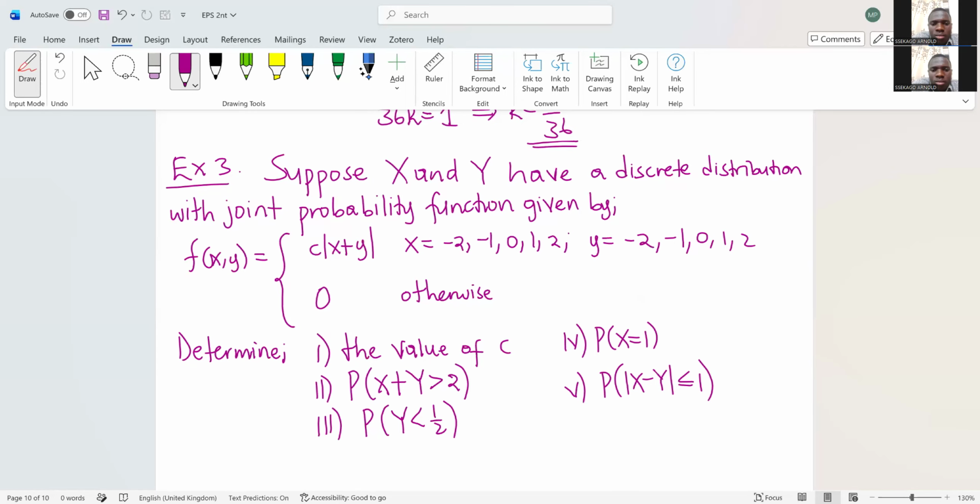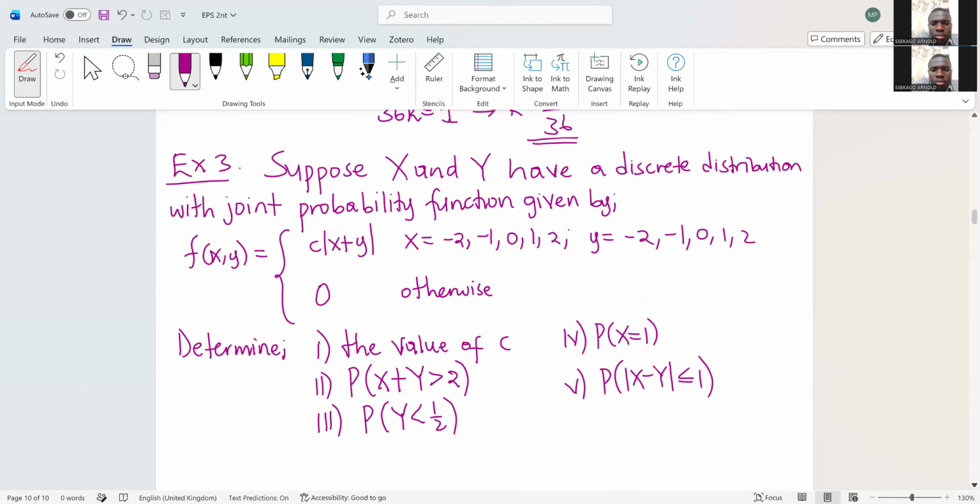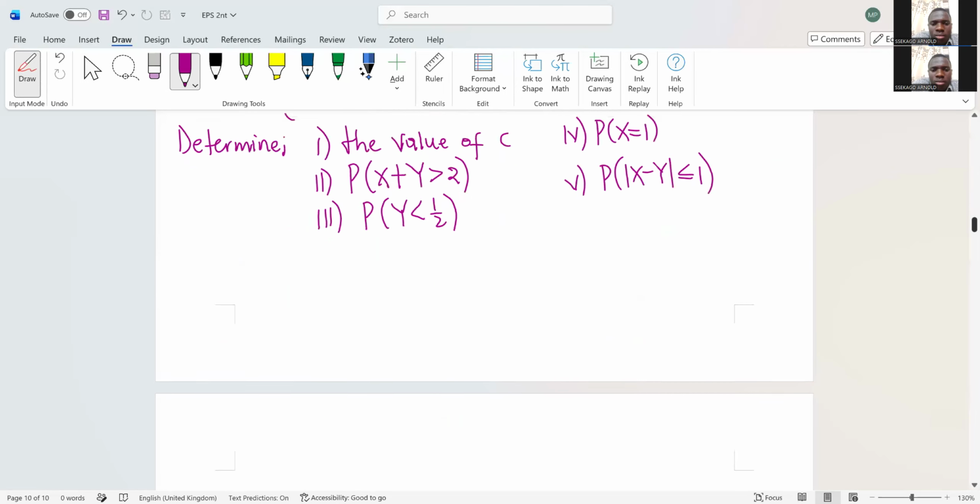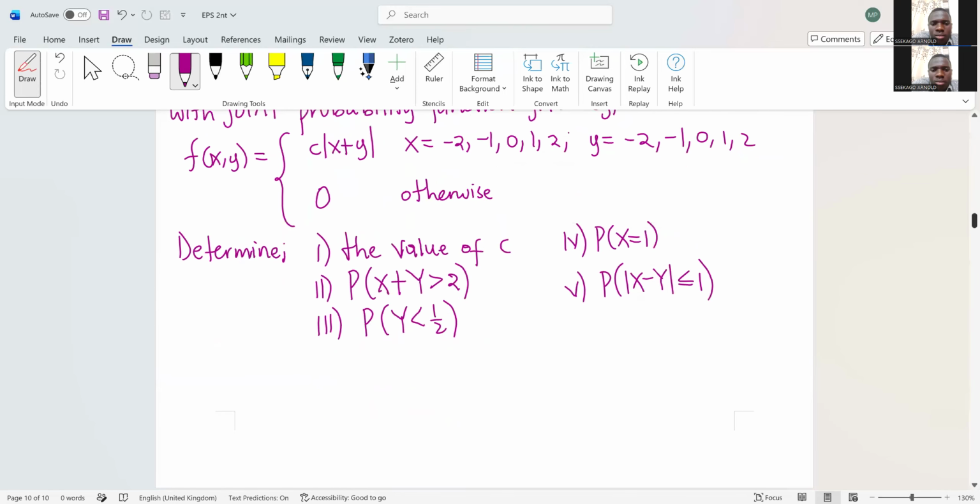So to determine the value of C, we do what we went through for the previous example. What is the key issue here for Roman 1? The key issue is to sum over all x values and all y values, f of x, y equals 1.